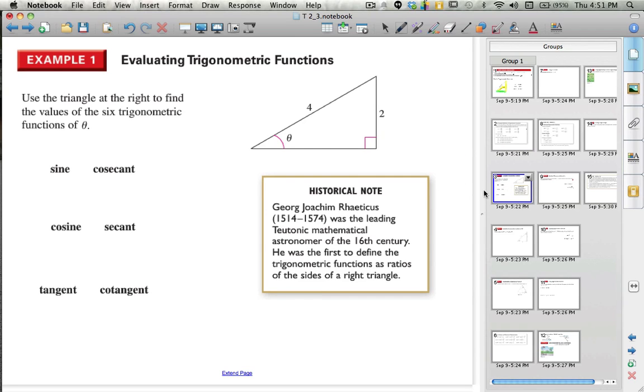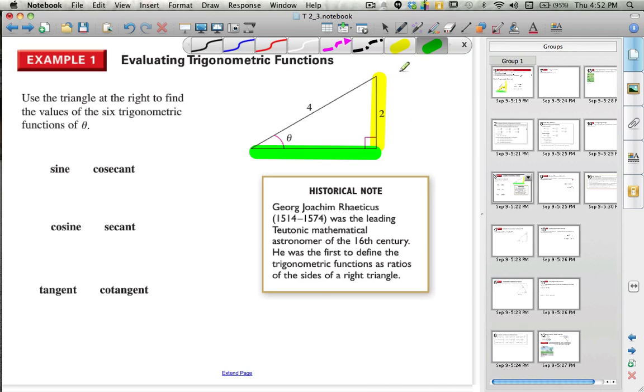If we look at a problem like this one, we have a triangle here, and we're going to use these identities to find the 6 trig functions of this angle theta. So remembering, this would be the side opposite, it's 2. This is the side adjacent. They haven't told us what it is, but it's a right triangle. And because it's a right triangle, I know that the hypotenuse squared is equal to the sum of the squares of the 2 sides.